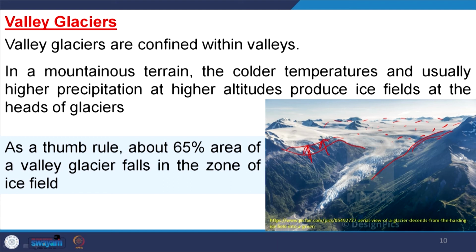Once the glacier is accumulated here in the ice field, due to more and more accumulation its weight increases. Once this weight is increasing, due to its own weight, the glacier will try to move. Now, what are the pathways to move?